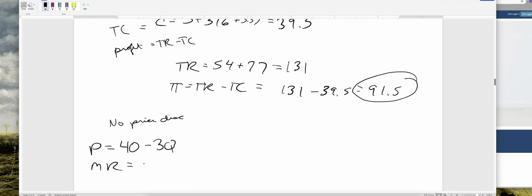If it was forced to act like a single price monopolist, we'd be at 40 minus 6q.